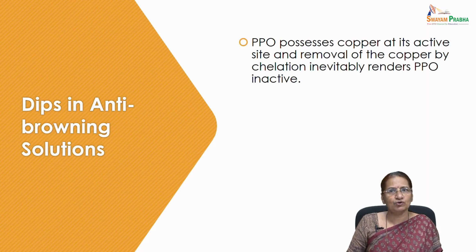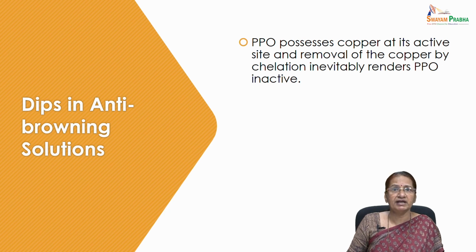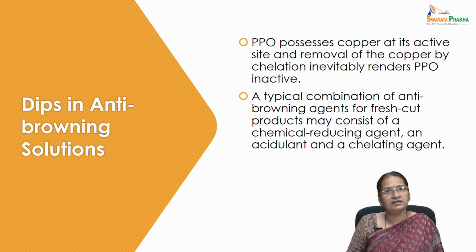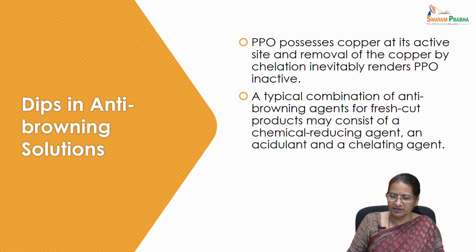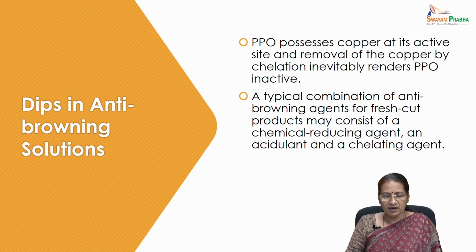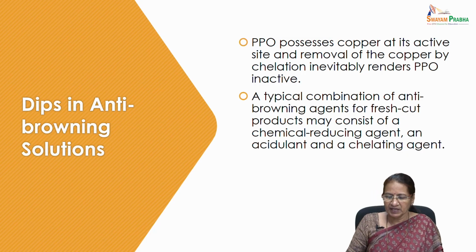PPO possesses copper at its active site, and removal of the copper by chelation inevitably renders PPO inactive. A typical combination of anti-browning agents for fresh cut products may consist of a chemical reducing agent, an acidulant, and a chelating agent.